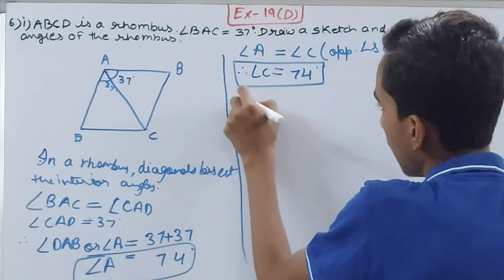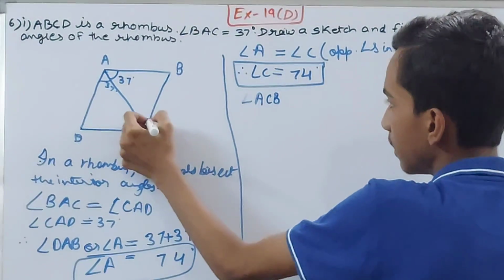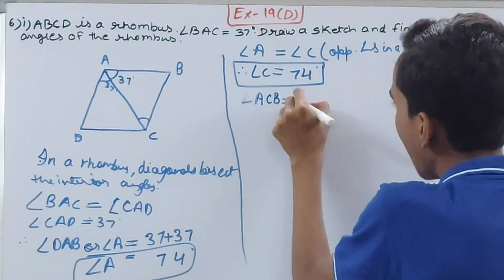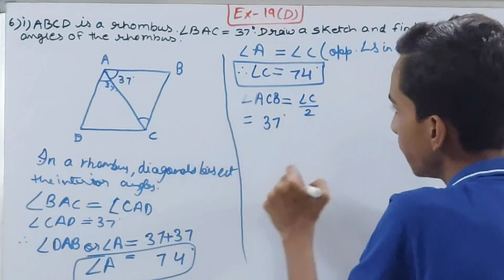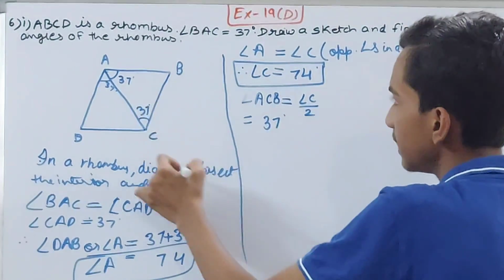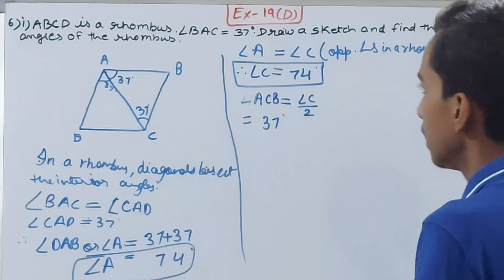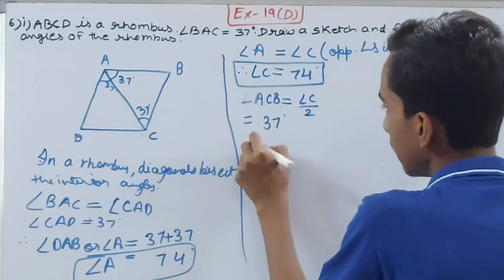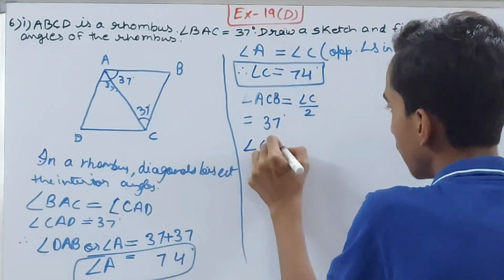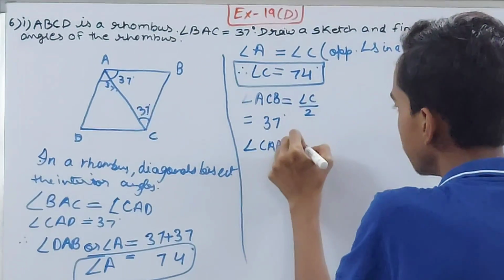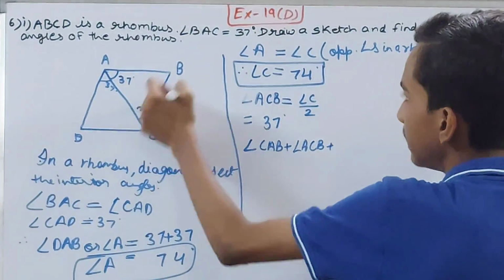So look here, angle ACB, this part will be half of angle C. That means 37 degrees only. This is also 37 degrees. This is also 37 degrees. That means, see here, angle CAB plus angle ACB plus angle CBA.